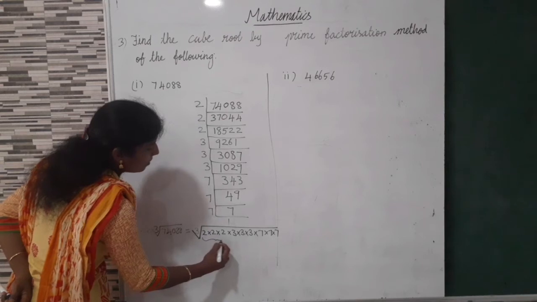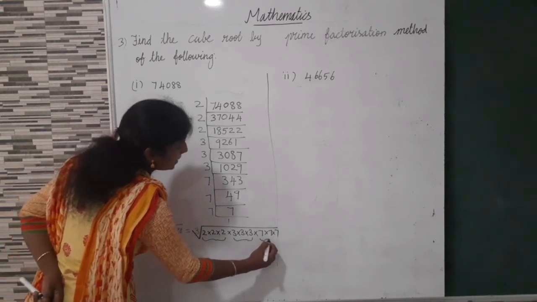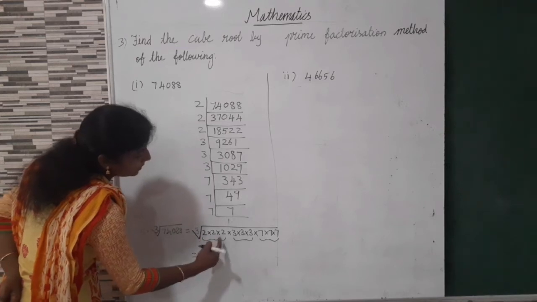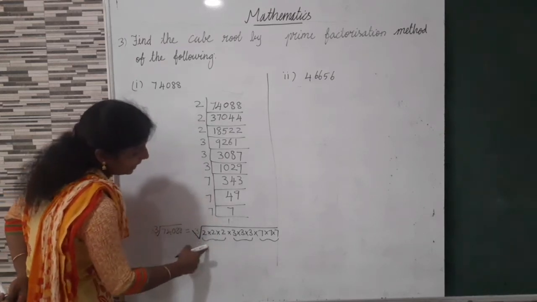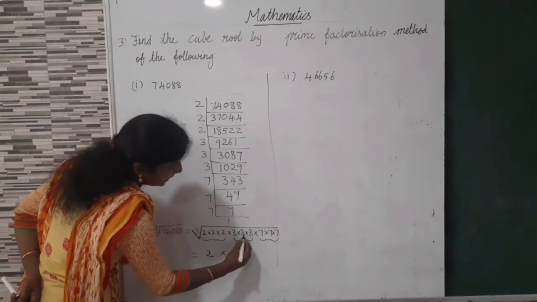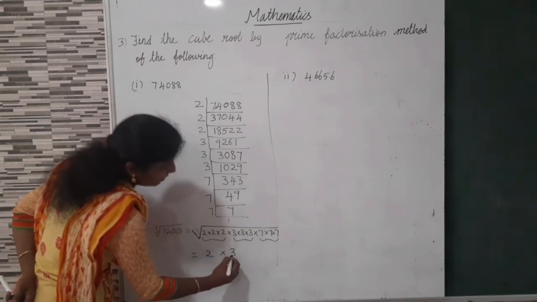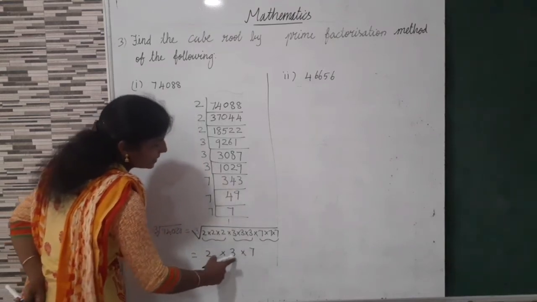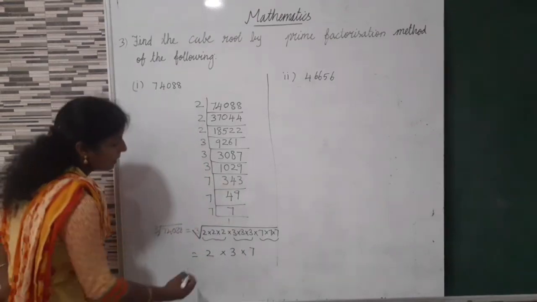Now we can take outside 3 in 1 because this is a cube root. Okay. So we can take cube root of 2 into 2 into 2, 3 times. 3 in 1 take outside. Now here prime factor 3 times. So we can take outside only 1 3 into 7. 3 2s are 6. 6 7s are 42.